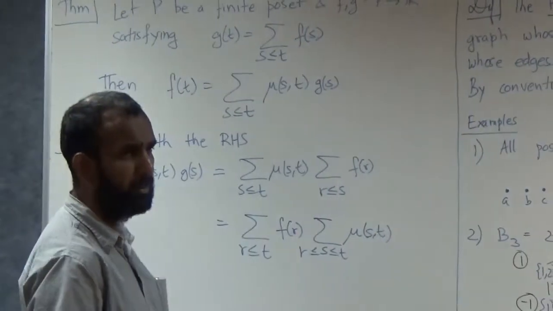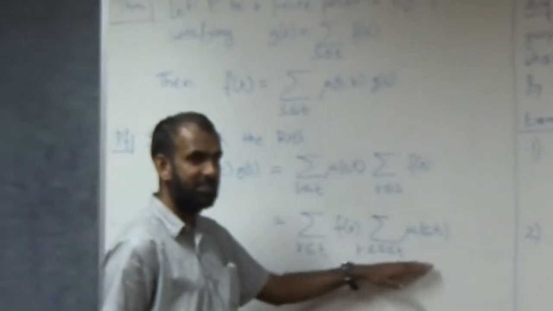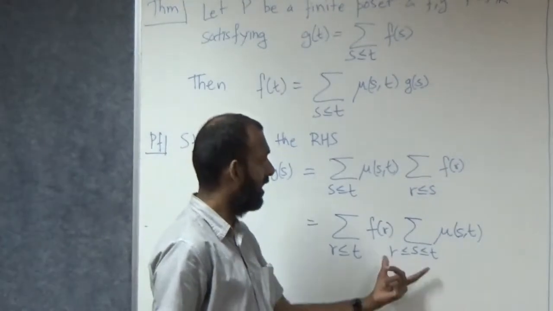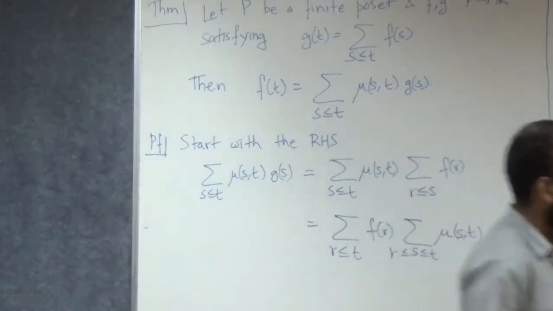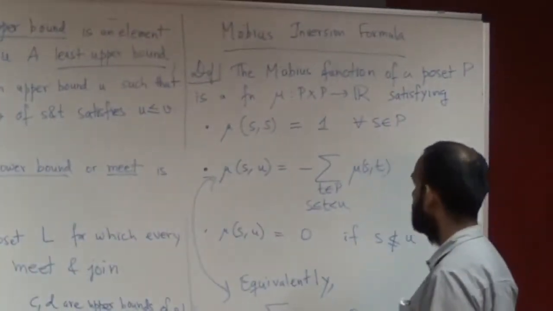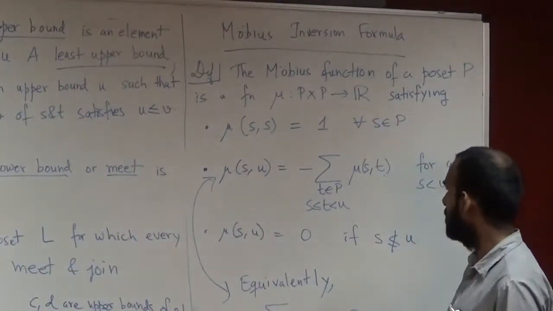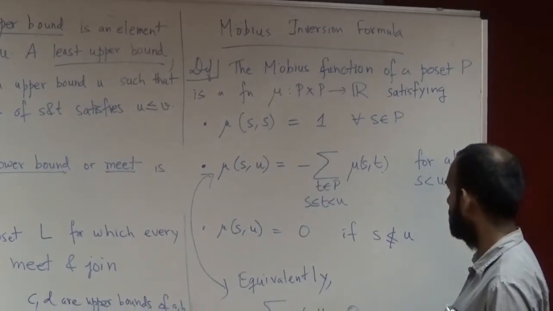So if you look at that formula over there, this has to be 0 unless r and t are the same. Because if s were equal to... did I write something on here?